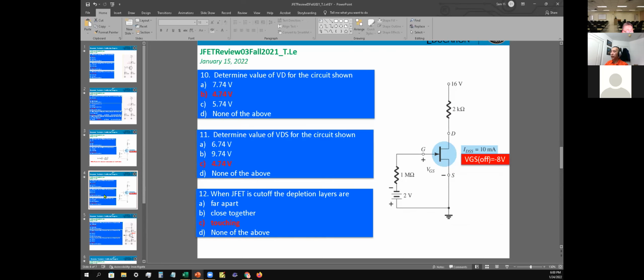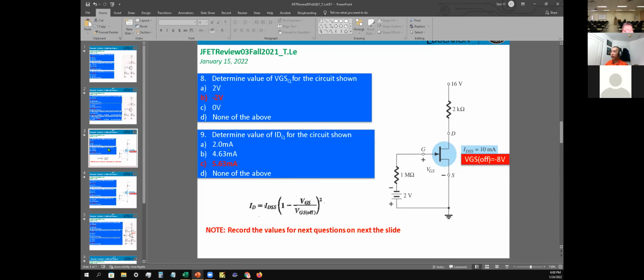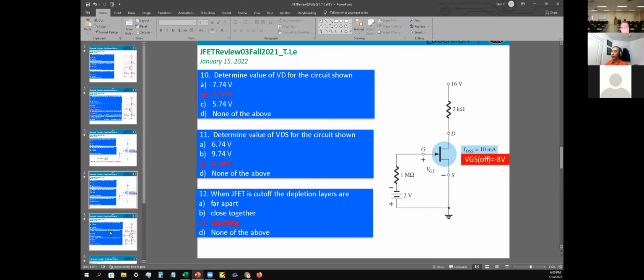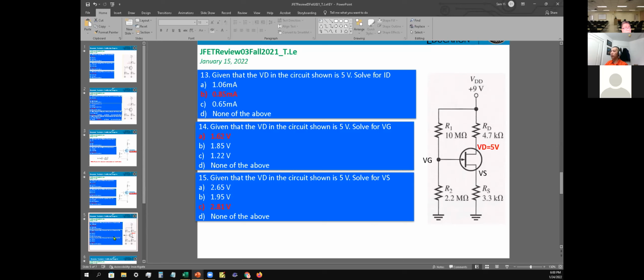So we're going to be looking at this circuit. ID was 0.85, times 3.3. So that gives you 2.805 volts. So the answer is C as in cat for number 15.